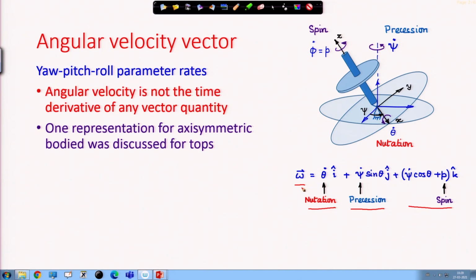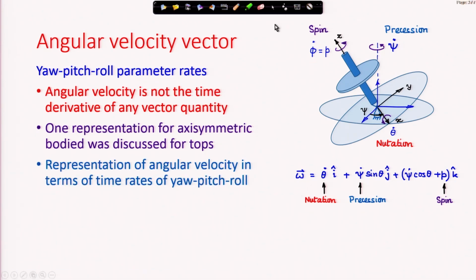Therefore, we had earlier already represented the angular velocity vector in terms of rates of these parameters theta, psi and phi dot, which was constant, equal to p. So it is written here, phi dot is p. The orientation parameters were psi, theta, phi and their rates were psi dot, theta dot, phi dot, and we had represented angular velocity in terms of these rates.